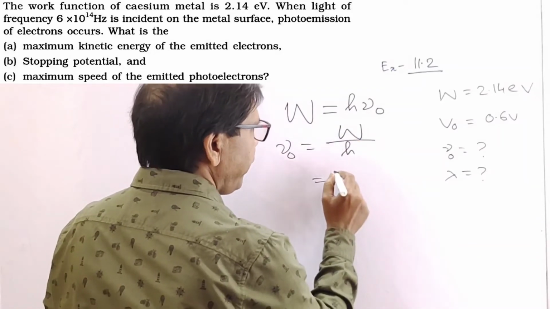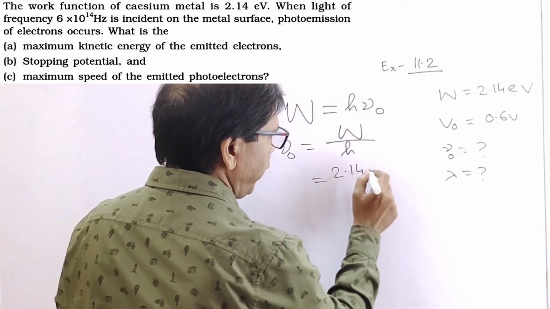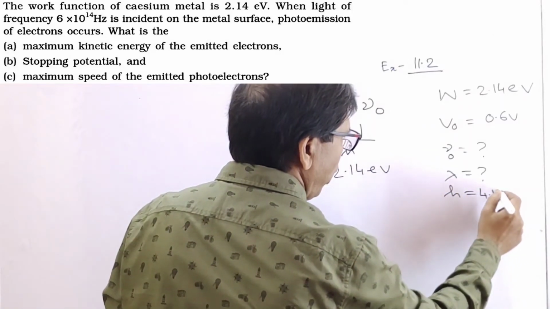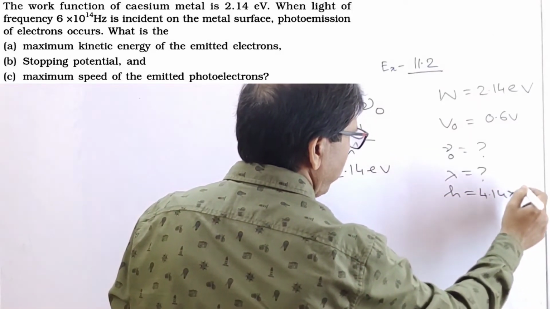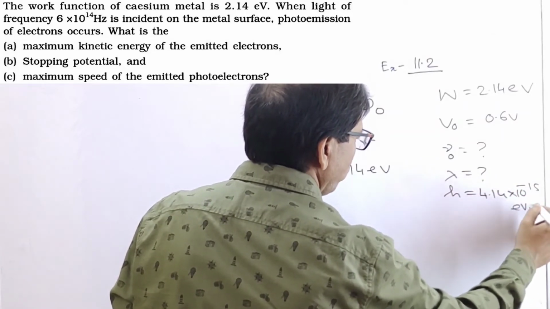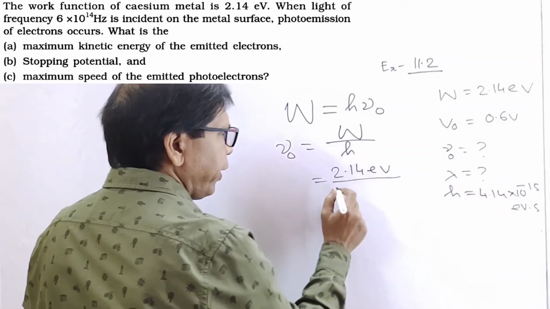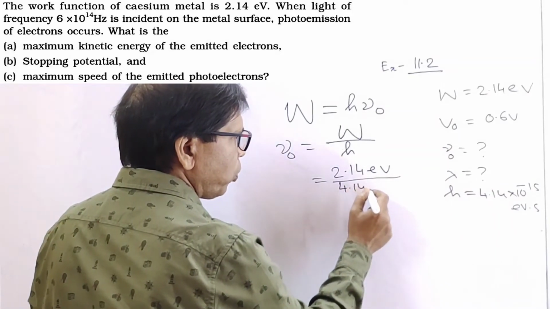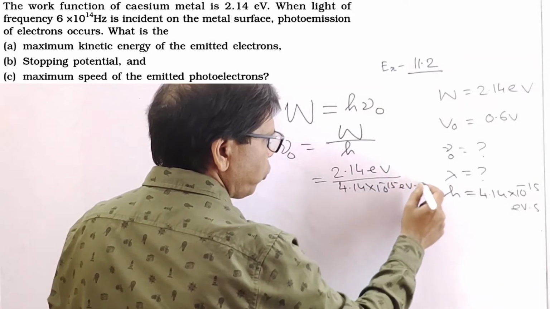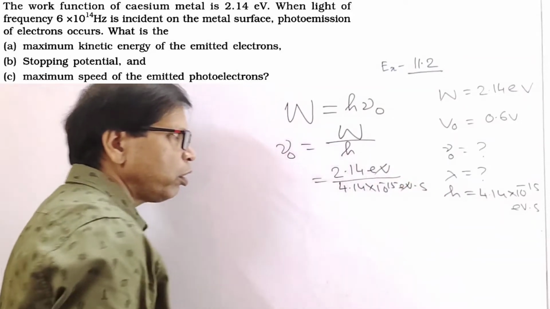Look at this. Here 2.14 electron volt and h is equal to 4.14 into 10 to the power minus 15 electron volt into second. EV cancel out. Okay.